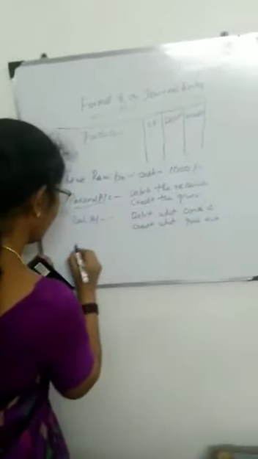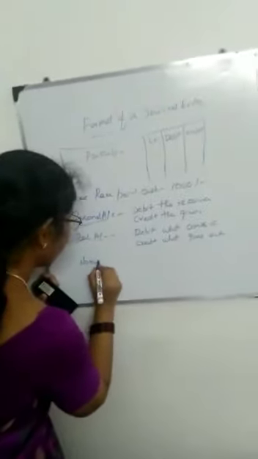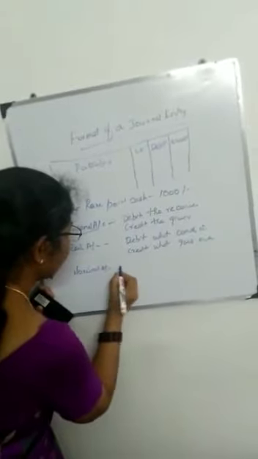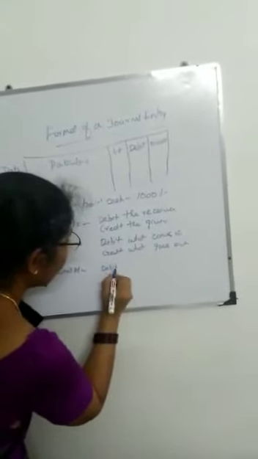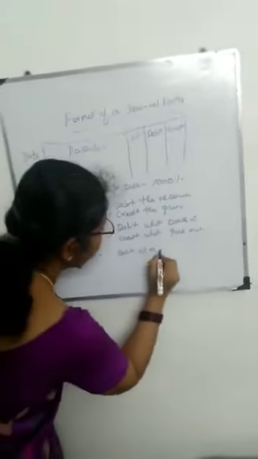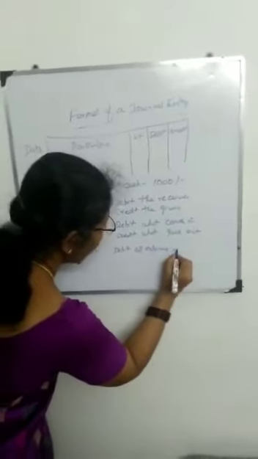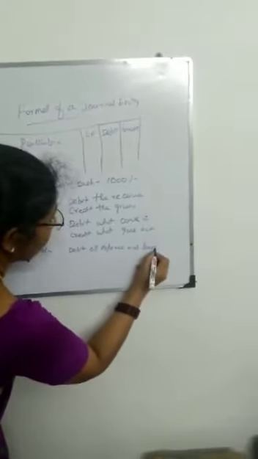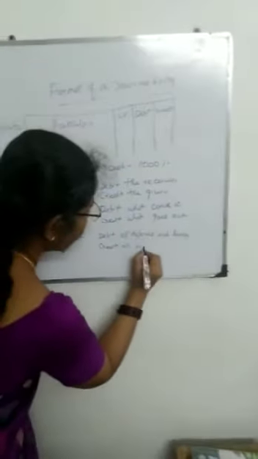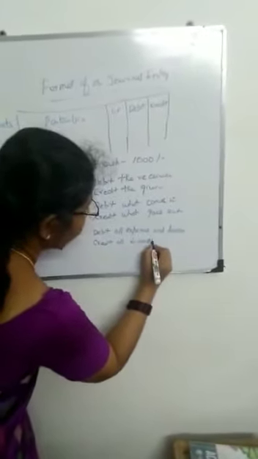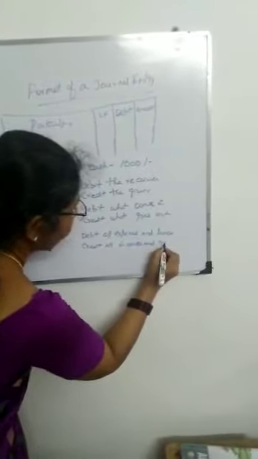Then nominal account: debit all expenses and losses, credit all incomes and gains. These transactions will be recorded in the profit and loss account. We will say more about it later.